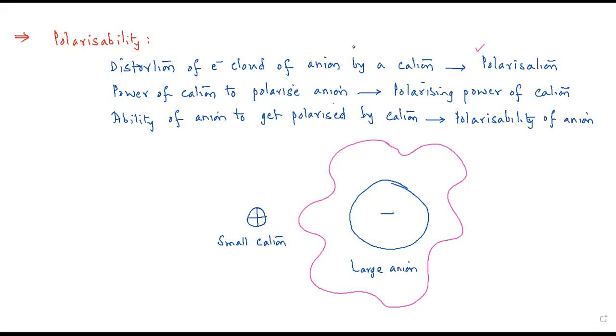Cations have a polarizing power to polarize the anion. Anions get polarized by the cation. They have got this ability called polarizability. Now, see, this is very clear that a large anion is easily polarized.